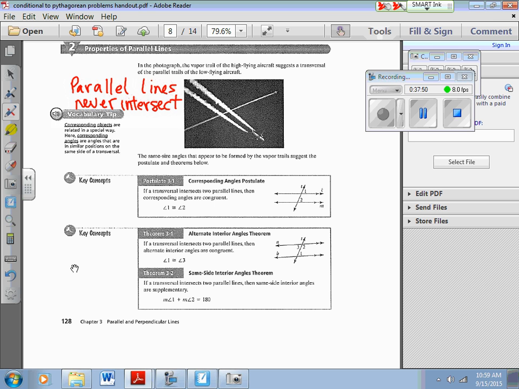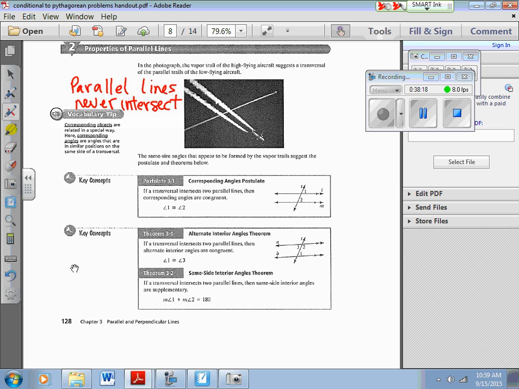Parallel lines never intersect. No matter how far you look at those lines, technically lines go forever in both directions. If they're parallel, you can go forever, but they will never touch. Okay? They'll always be the same distance apart from each other all the way through.